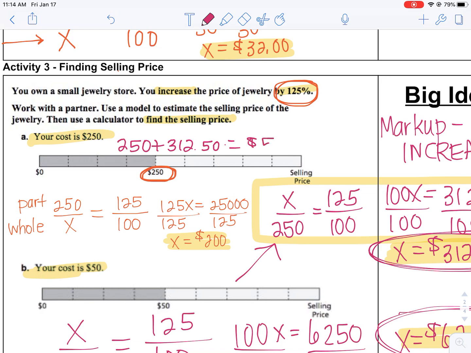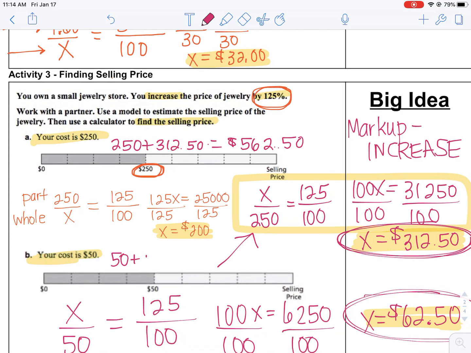So on the first one, final cost, $562.50. On the other one, $50 plus $62.50 is equal to $112.50.